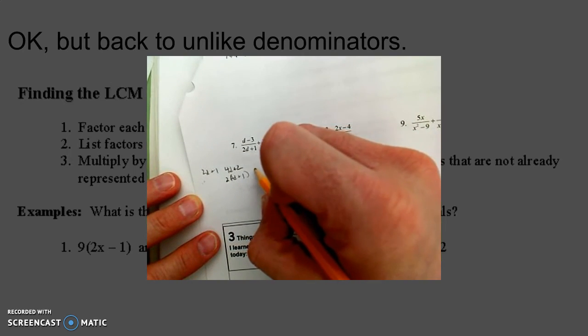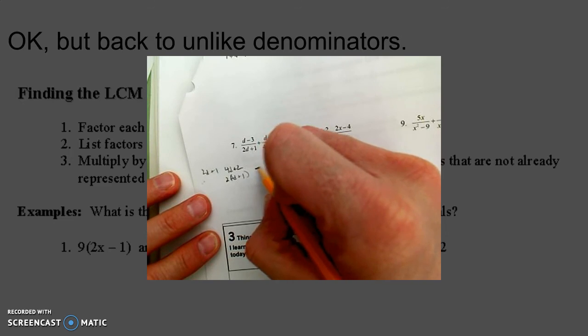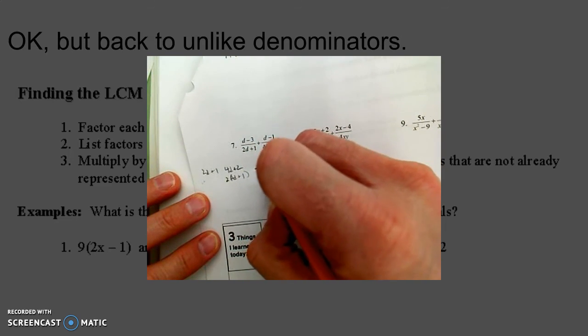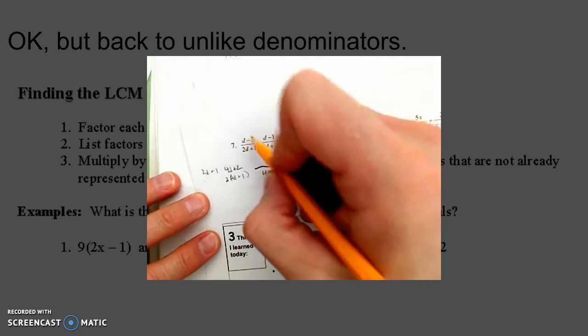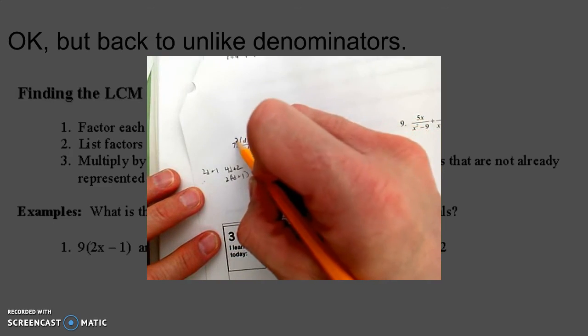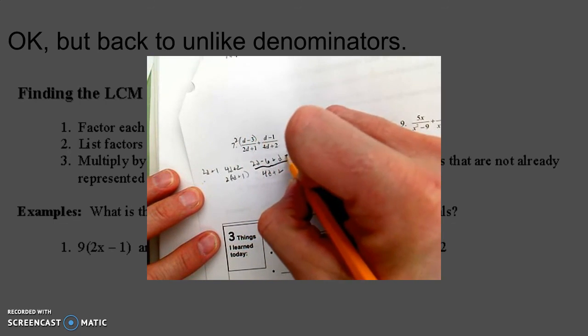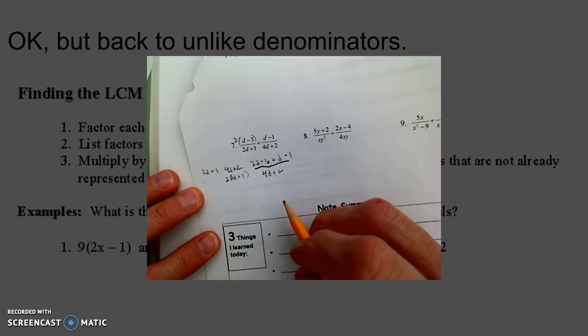So my LCM is already 4d plus 2. I need to multiply this expression times 2. 2d minus 6 plus d minus 1 was already in my LCM.